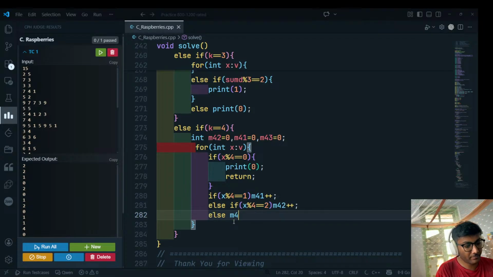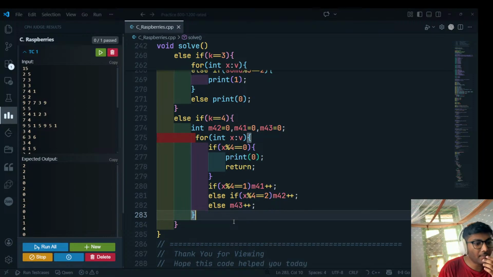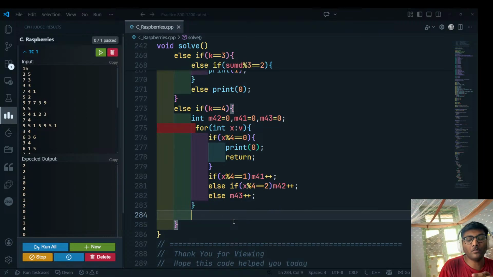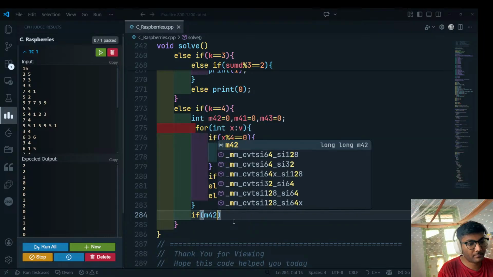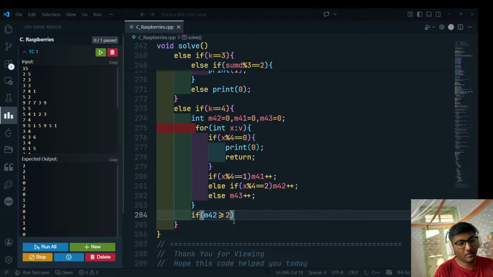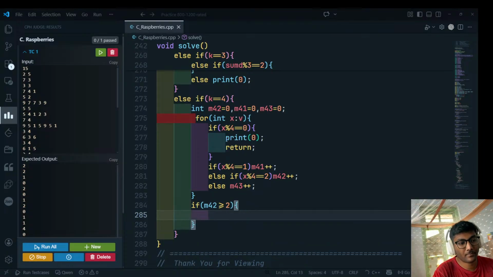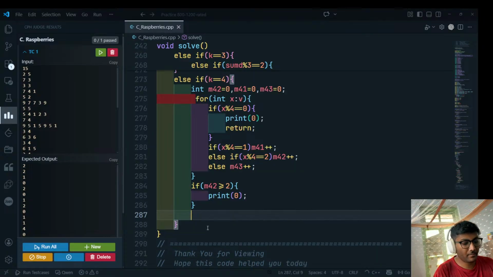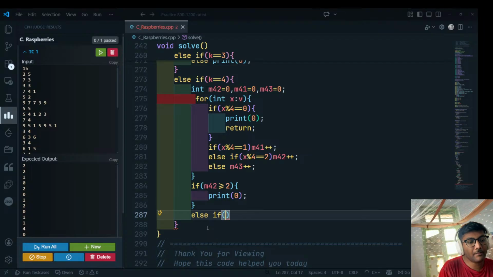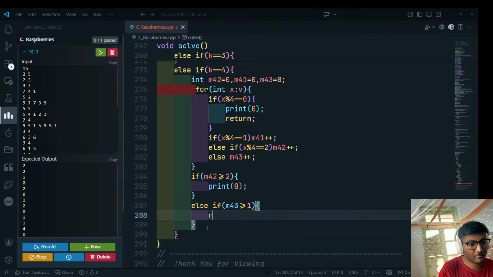Else m4 3 plus plus. So if m4 2 is greater than or equal to 2, then also we print 0 and return. We don't have to return, I guess. Else, then I will check that if I have at least one m4 3, then we print 1 and return.